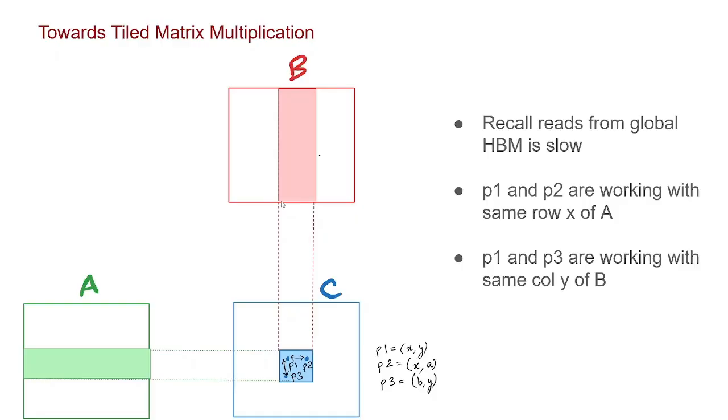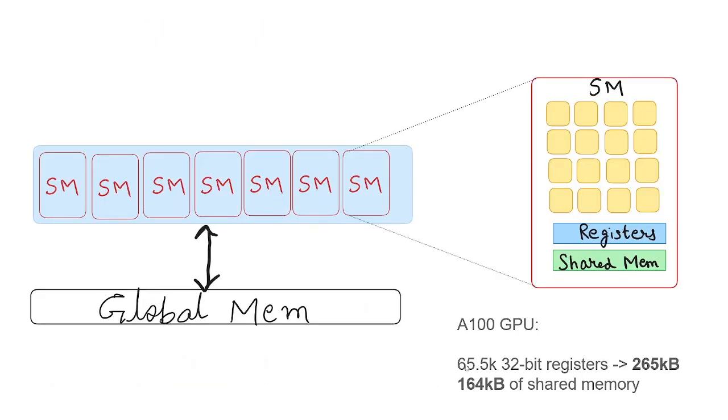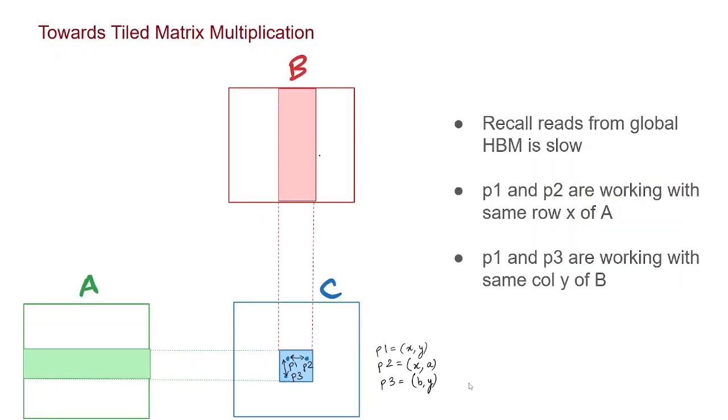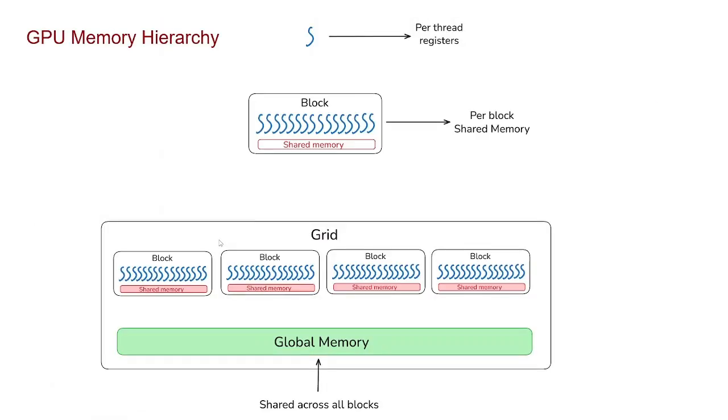The challenge really is that shared memory is limited in size to 164 KB. And if A and B are big, then it won't be possible to load up all of this region here and here. Instead, what we can do is load a part of A and a corresponding part of B, which we call tiles, and then loop over those tiles.